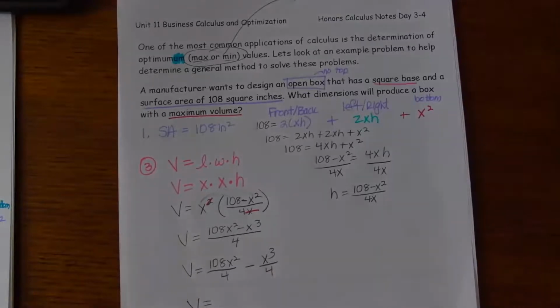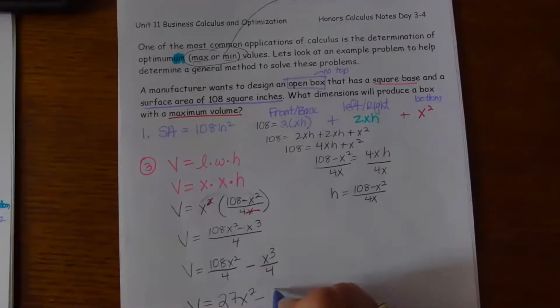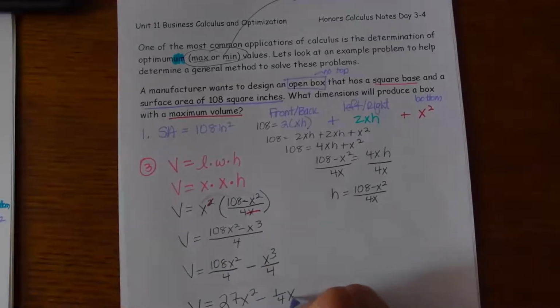What's 108 divided by 4? Is that 27? 4 goes into 10 two times, which is 8, yeah. And I'm going to write that 4 like this because I know where I'm headed.